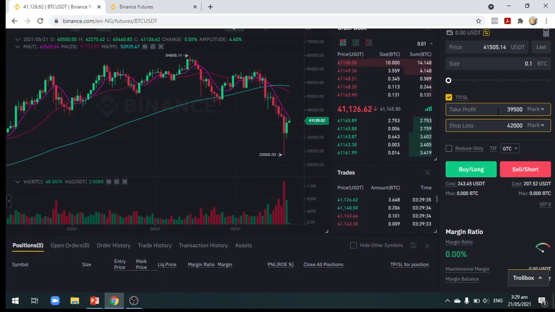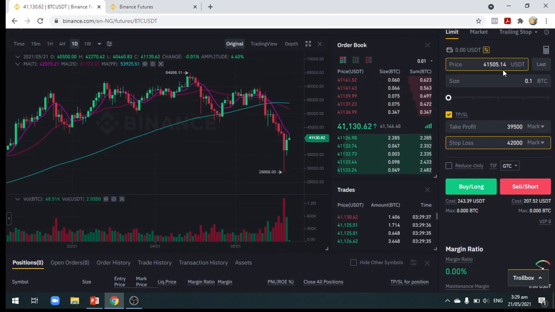Now let's say we are using this particular example, we're buying 0.1 BTC. Sorry, I want to go short on 0.1 BTC at this particular price. Then this is what it will cost me to open this particular position. It's going to cost me 207.52 USDT.